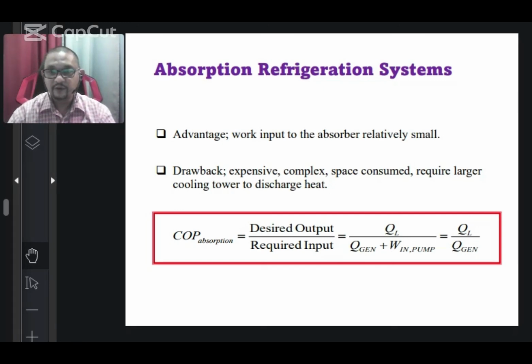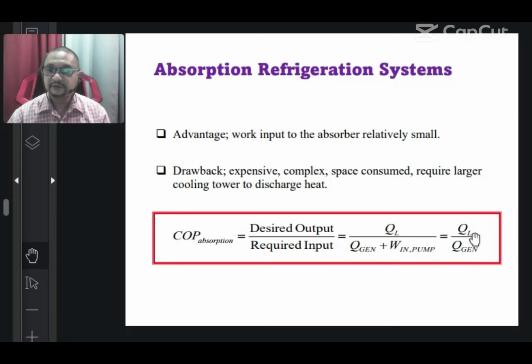However, if you want to make the analysis of this absorption refrigeration system, the coefficient of performance can be calculated based on the basic equation, desired output per required input. So you can find QL, that means heat at low, over Q generation, the heat that is supplied in the generator plus work in the pump.